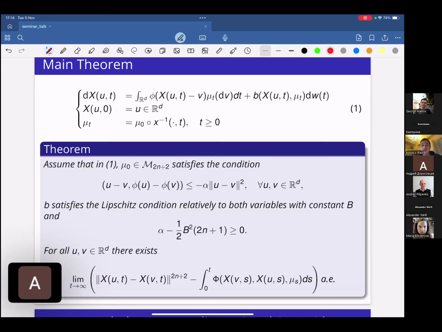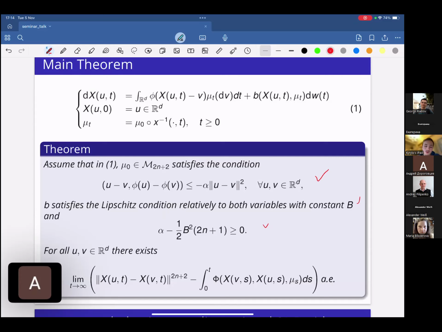We consider the same stochastic differential equations with the same functions phi and b, and we have the same criteria as for shift compactness. In these settings, we can say something about the existence of such a limit.